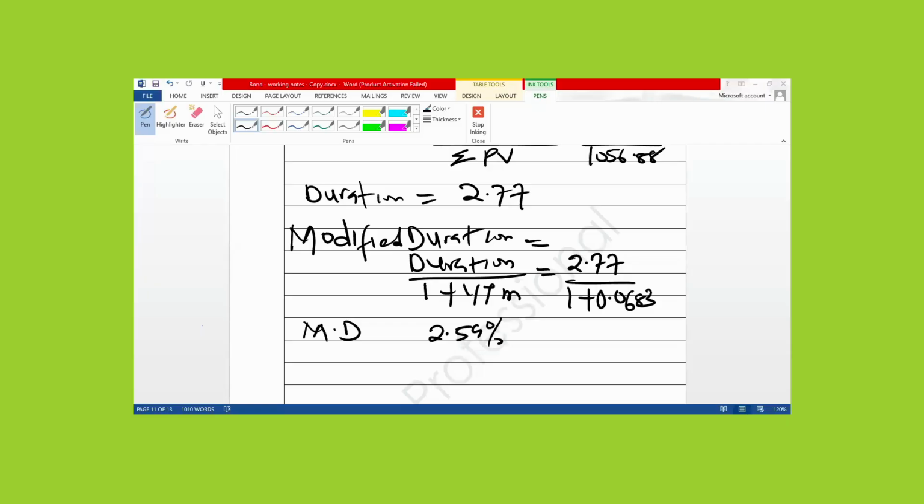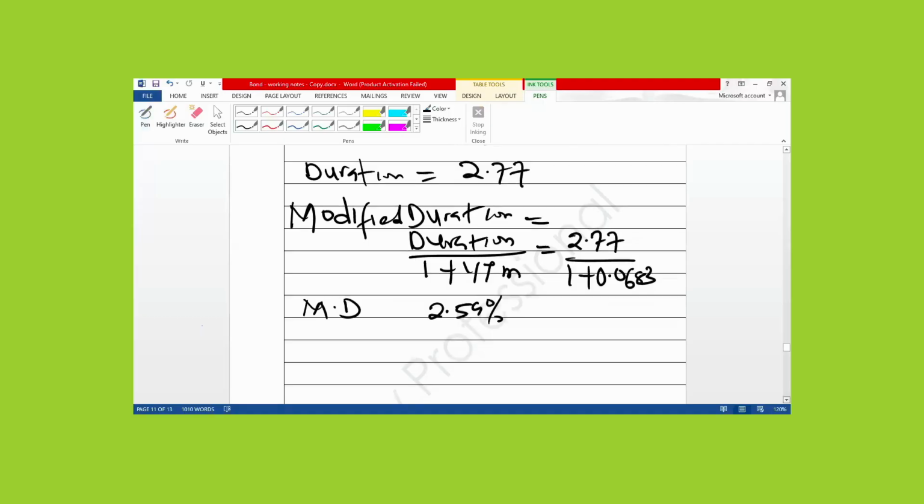Your modified duration measures the approximate change in the value of a bond when there's a small change in interest rates.